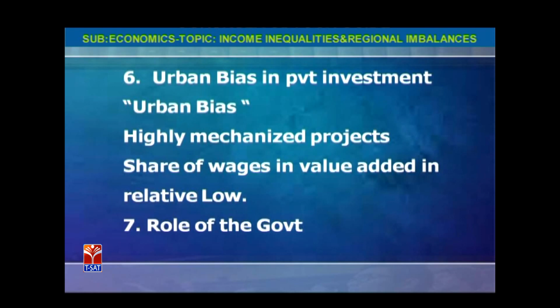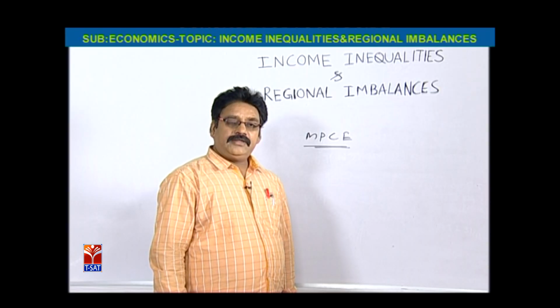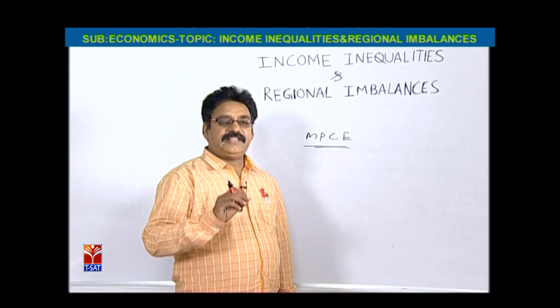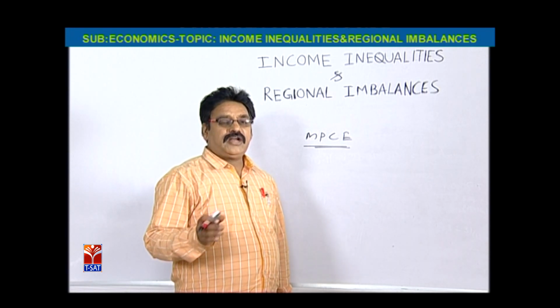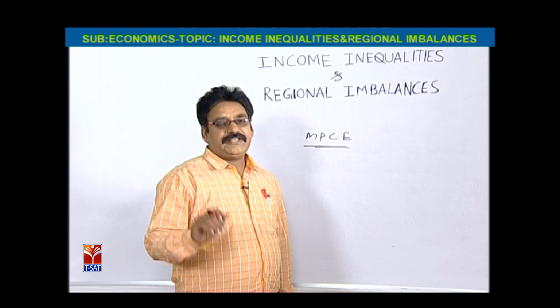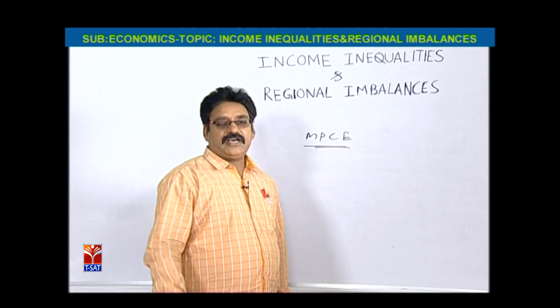The sixth point, a cause for income inequalities, is urban bias in private investment. In India, almost 70% of the people reside in rural areas, but 70% of the investment is put in urban areas. This leads to urban development and an increase in assets on the urban side.